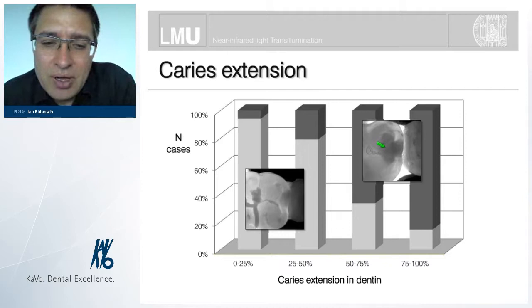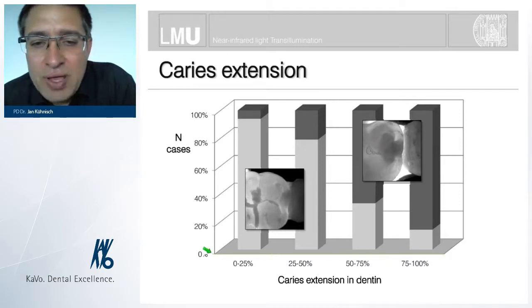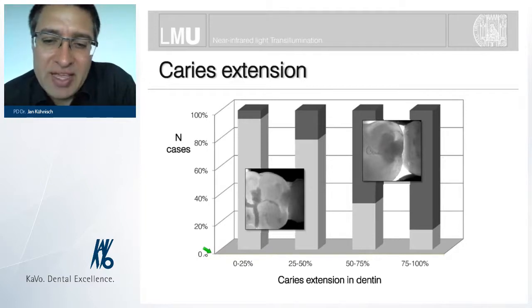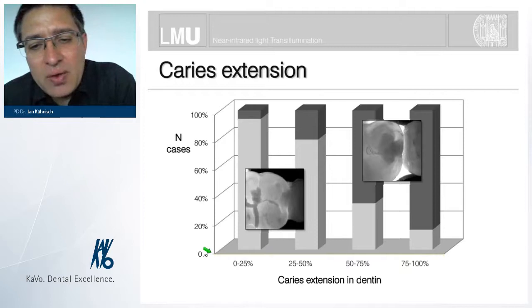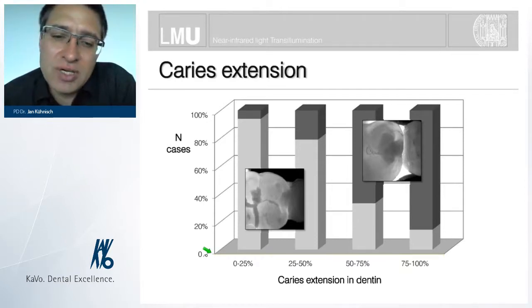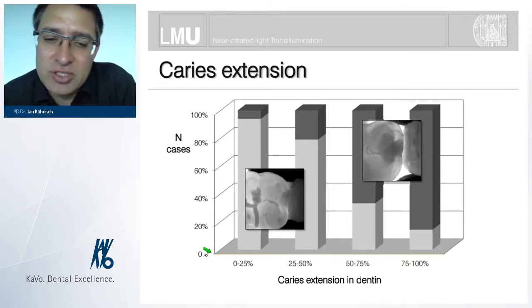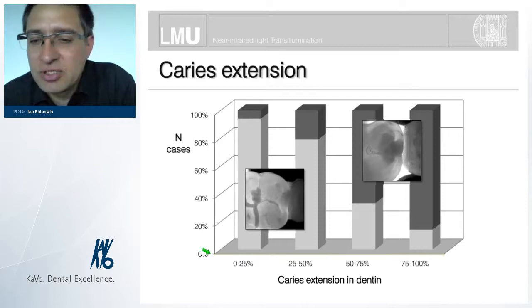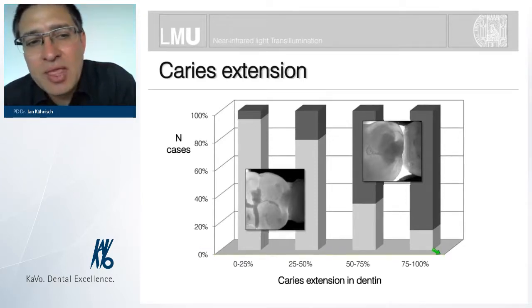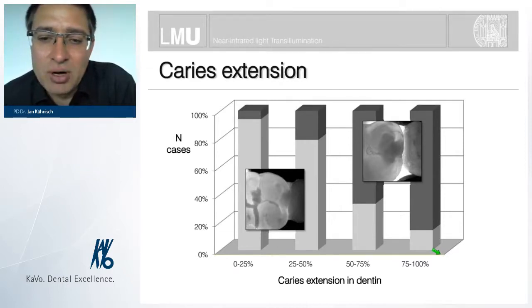If we measure the lesion depth or the caries extension into dentine, we were able to calculate percentages from the enamel dentine junction, which is 0%, meaning no caries involvement, until 100% caries extension, which means the caries process reached the pulp.